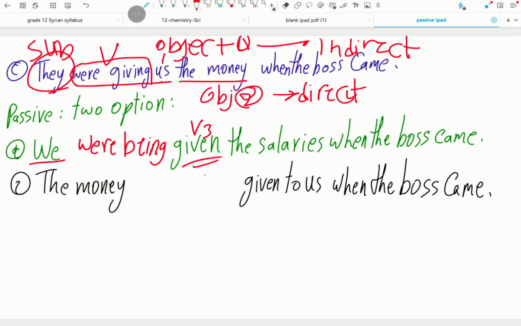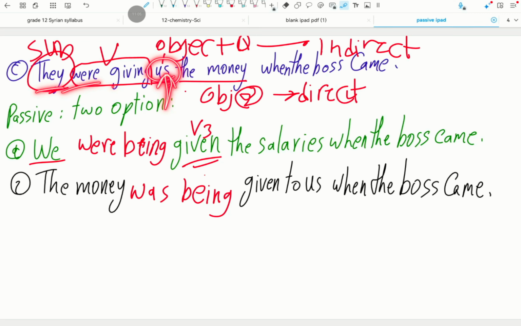We were being given money when the boss came, or I use the direct object. I say the money was being given to us when the boss came. Again, I will repeat. They were giving us.